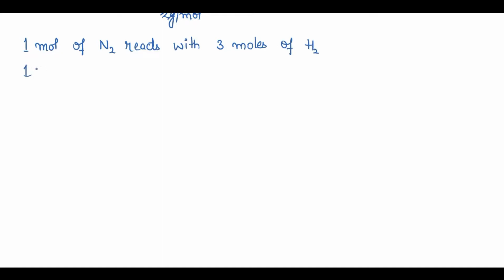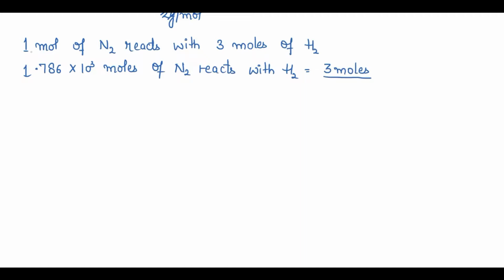So 1.786 into 10 raised to power 3 moles of nitrogen reacts with hydrogen equal to, the value on the right side is always taken in numerator, 3 moles divided by this. The first value on the left side is in the denominator, 1 mole into the second value, 1.786 into 10 raised to power 3 moles, right?